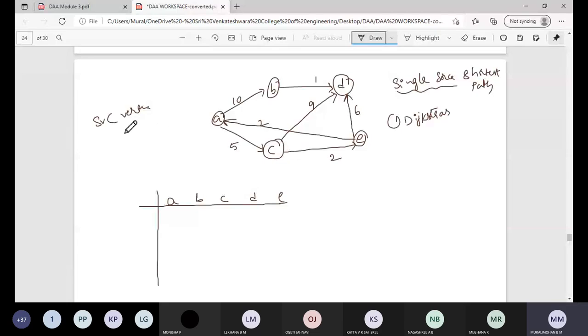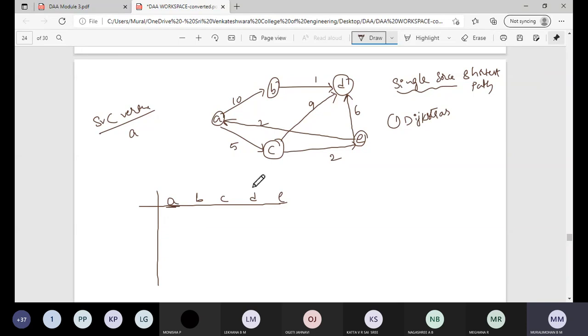If nothing is given, then you can select one of your own choice, right? So I will take the source vertex as A. If it is given to take the source vertex as C or D, whichever it is, you can take that as the first one, the source vertex.